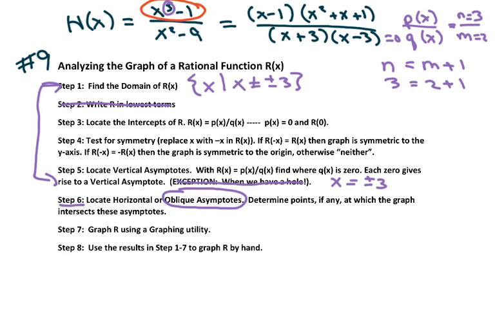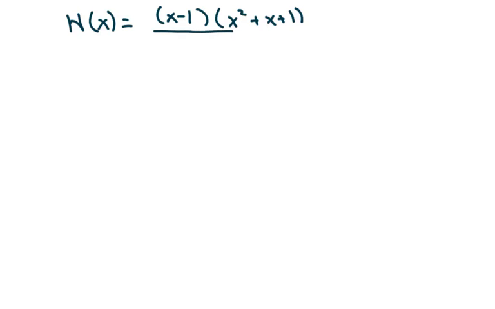Alright? Now, let's look at our intercepts. I'm going to write the equation again. h of x equals x minus 1 times x squared plus x plus 1 over x minus 3 times x plus 3. Okay, so to find the x-intercept, we let this be 0.